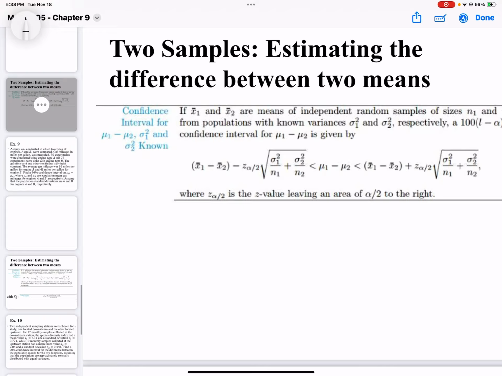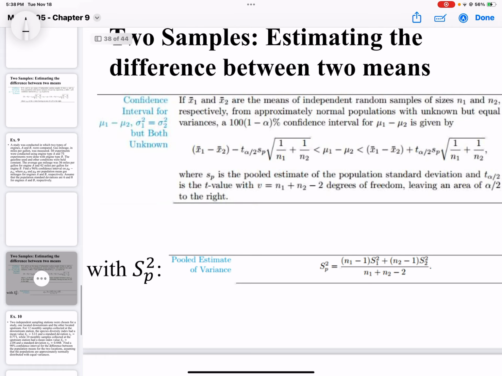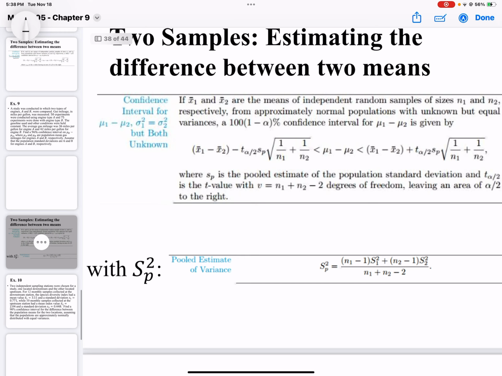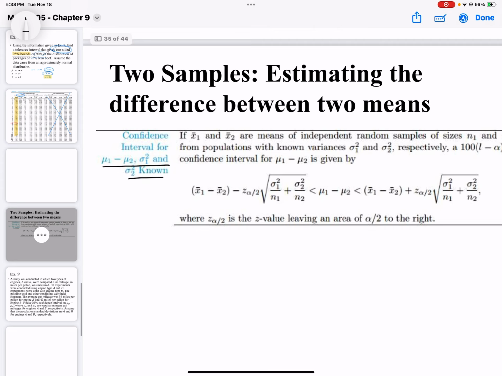But notice we've got two of those as well. Here, our variances are known, and for the second one, both are unknown, and we have a pooled estimate of variance. So there are some extra details when they're unknown.